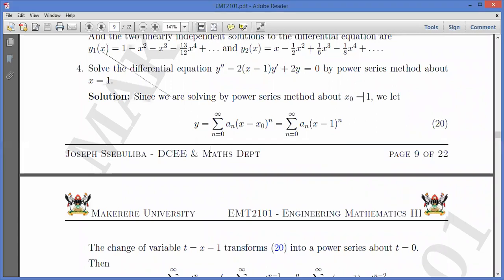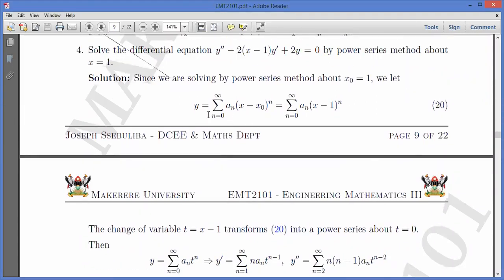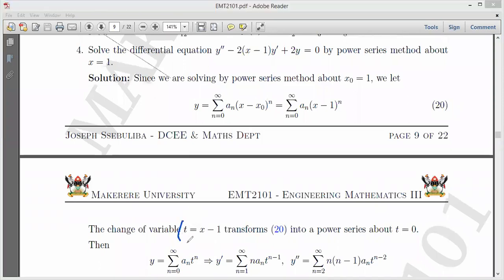Just a demonstration that can end in 5 minutes. So we have y, which is sum of this, which is that one there. But x minus 1 can be taken to a t. That is what we are talking about here. That is this part here. That if t is x minus 1, this x minus 1, we take it to a t.